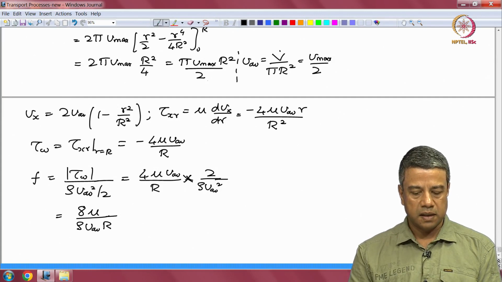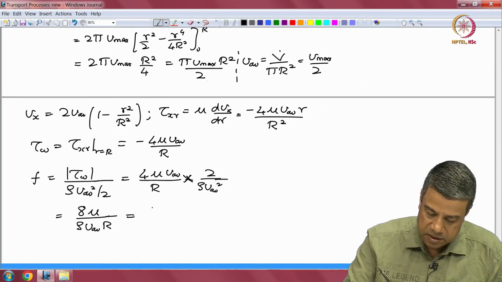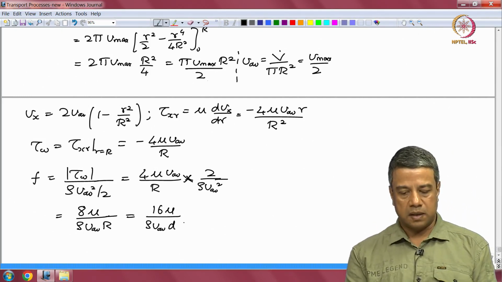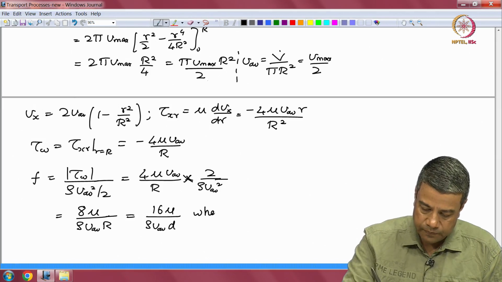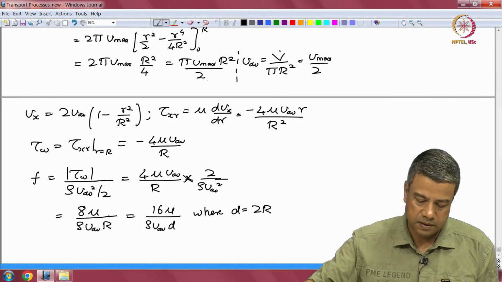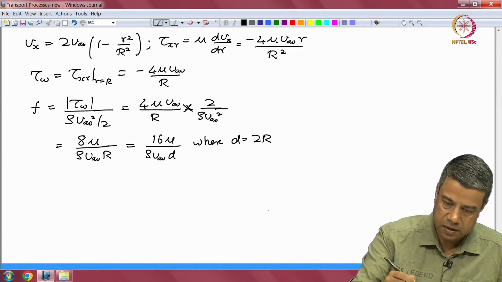I can write the radius in terms of the diameter because the characteristic length that is used for a pipe flow is the diameter, not the radius. So, this will be equal to 16 mu by rho V average D, where R is equal to D by 2.